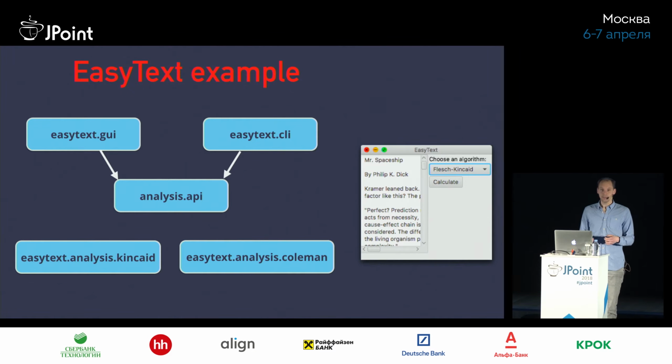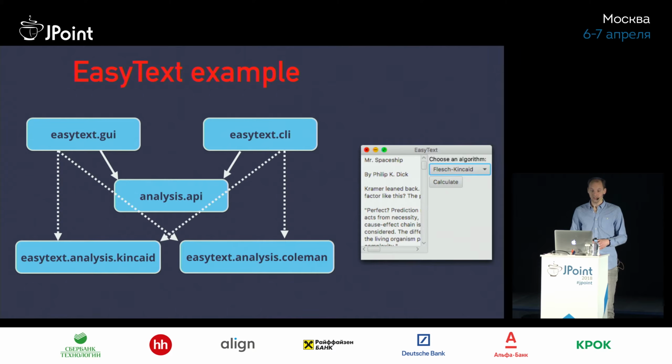But if we need to be able to access code and these implementations inside of these two Kincaid and Coleman modules, then we actually need a require statement from the EasyText GUI and the EasyText CLI to these two implementation modules. And what happens if we, for example, want to add a third complexity metric?